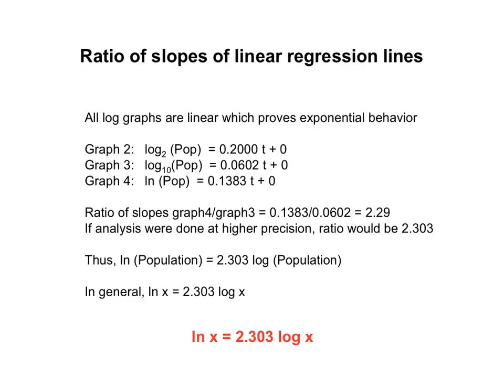Alright, so if you write out the three equations for the line, base 2, base 10, and base e, ln stands for log base e, you see the linear relationship, and even though we had numbers that were close to 0, I went ahead and set them equal to 0, which I think it probably is. If you had enough data points and high precision, you'd see that in all three cases the time and log x's points go to 0, extrapolate to 0.